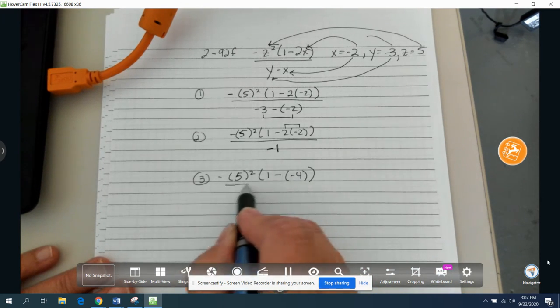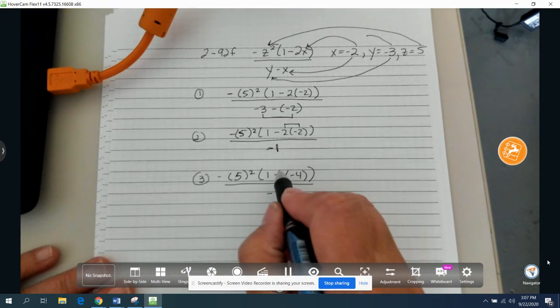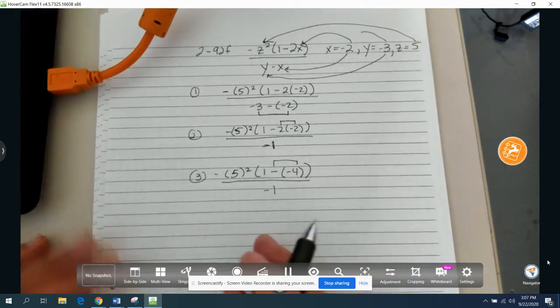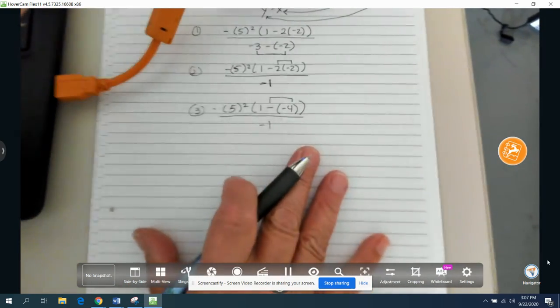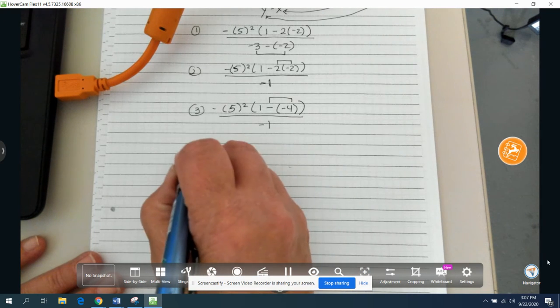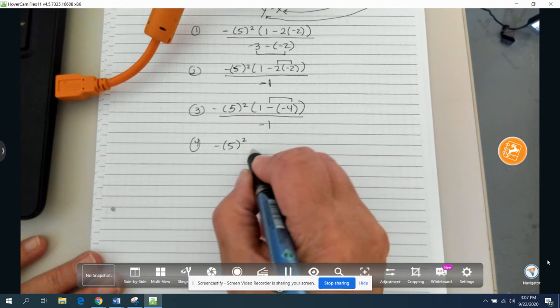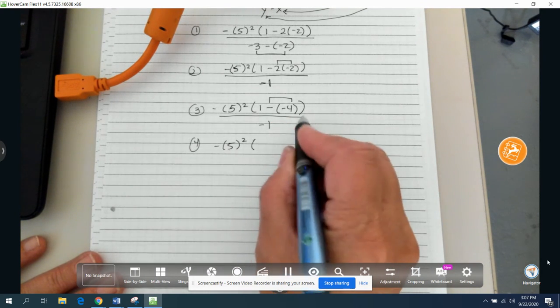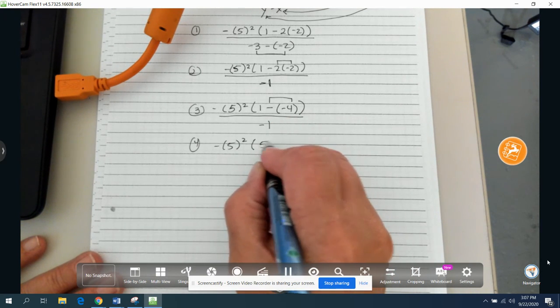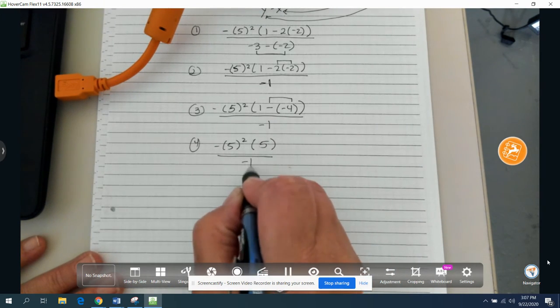I kept those in parentheses, all divided by -1. Okay, staying with my parentheses, I am now going to take 1 minus -4. So again, I still haven't done anything with the negative parentheses 5 squared, so I rewrite it. 1 minus -4 is +5 because subtracting a negative is adding, all over -1.